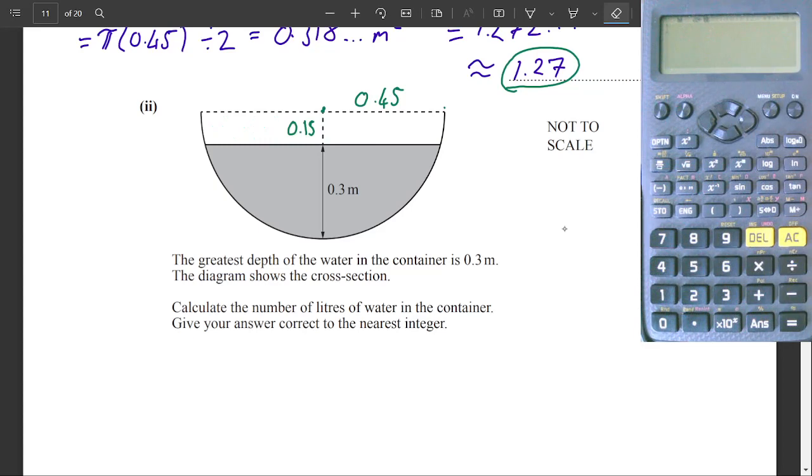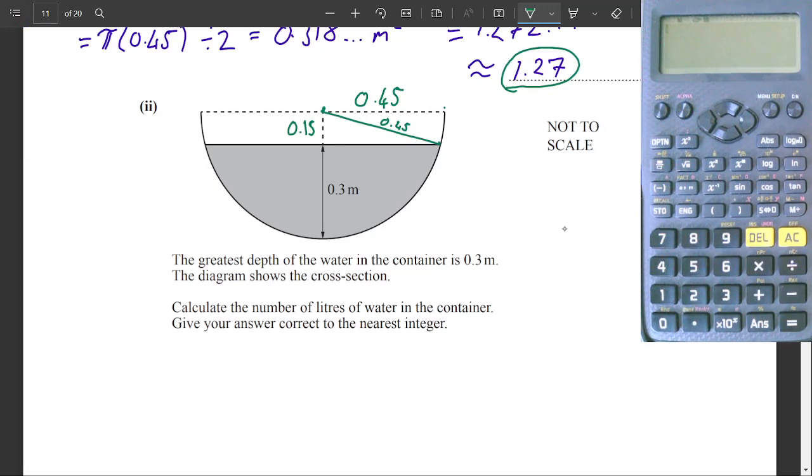Okay, so how do we find this? This is not a regular shape. So let's make this into two shapes. We can work out the area. First of all, if I draw a line like this, this forms another radius, another radius with also a length of 0.45.